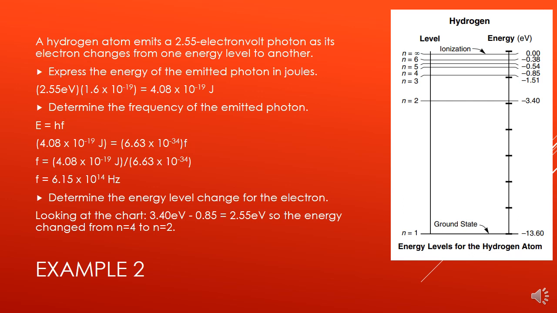So it turns out that n=4 to n=2 is 3.4 minus 0.85, or exactly 2.55 electron volts. So when the electron falls from n=4 to n=2, it releases exactly 2.55 electron volts, and that's what we're looking for. So the answer is 4 to 2.